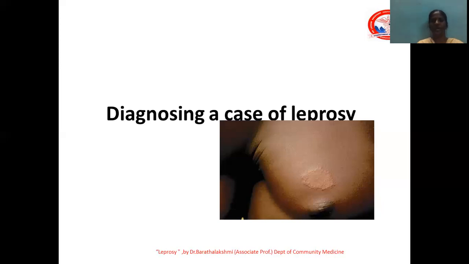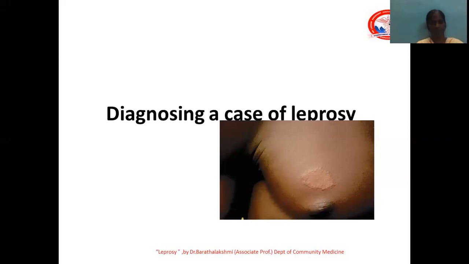If the same person is asked to go for a run or climb the stairs up and down for a few minutes and made to sweat, the small circular patch alone will not sweat. That is the area where the secretory function is being lost. So these are the two preliminary tests over that hypopigmented area to make the diagnosis of leprosy.